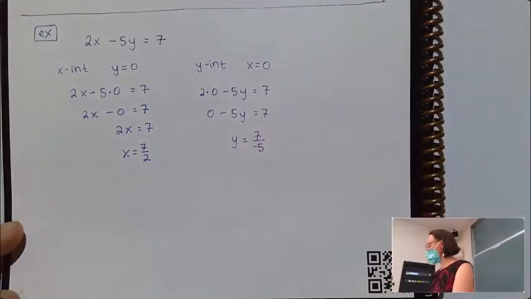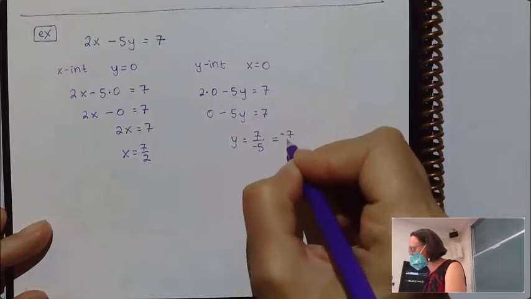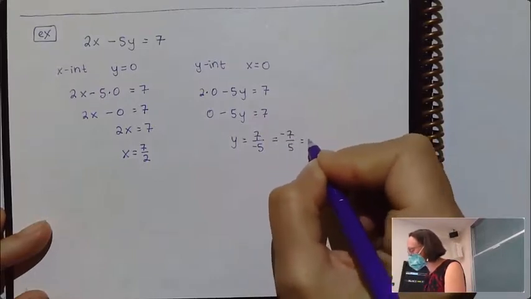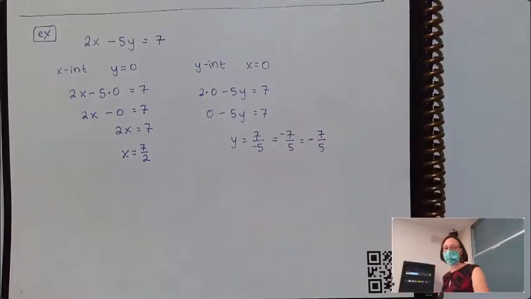And I know I brought this up a couple times. I can also write that as -7 over 5, and I can also put the negative sign out in front. Any of those would be fine, whatever makes more sense in your head.